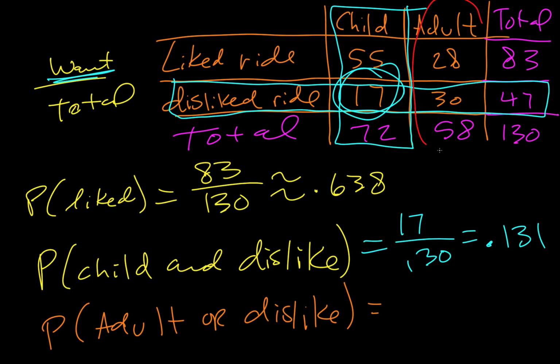So we want anything that falls into here. So we'll take 58. But we also want everyone who disliked that hasn't already been accounted for. And since this 30 has already been accounted for in the 58, we need to add this 17.